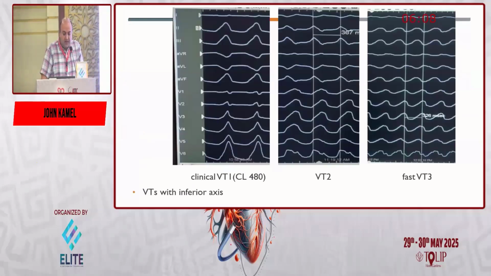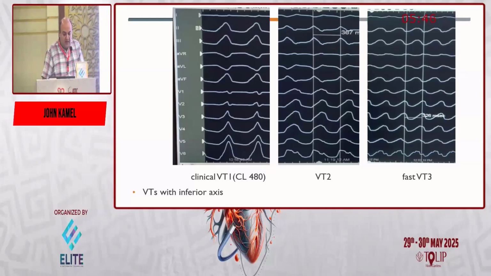As you can see, the first one was the clinical. By the way, it is not a hemodynamically compromised VT in the clinical. It was cycle length about 420. And as you can see, all these VTs have inferior axis.